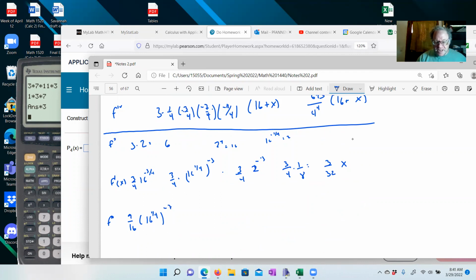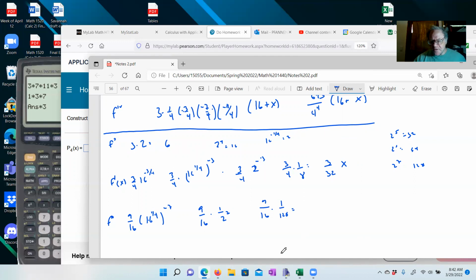So this is going to be 9 over 16 times 1 over 2 raised to the -7, raised to the 7th, because the 2 came down here, so that's positive now. I know 2 to the 5th is 32, 2 to the 6th is 64, 2 to the 7th, double it, is 128. So this is 9 over 16 times 1 over 128.